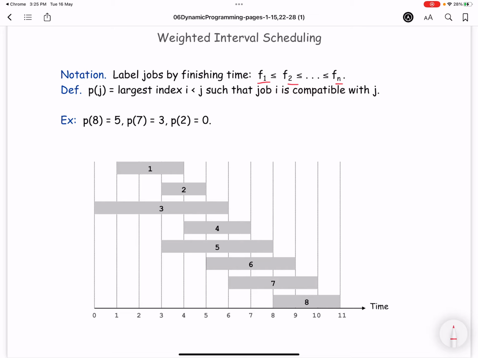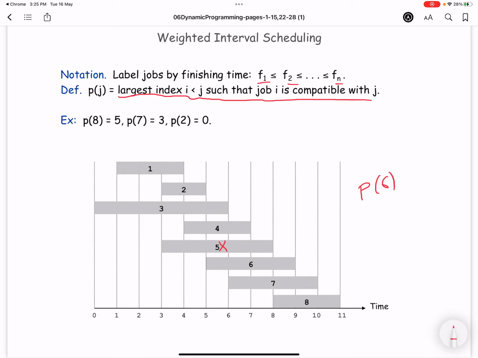Then I will define a notion called Pj. Pj is the largest index i less than j such that job i is compatible with j. Let me give you an example. If I want to know what P6 is, I will look at all the jobs that are before 6.